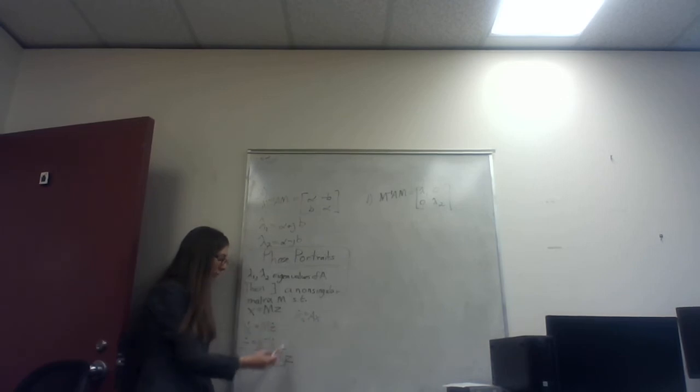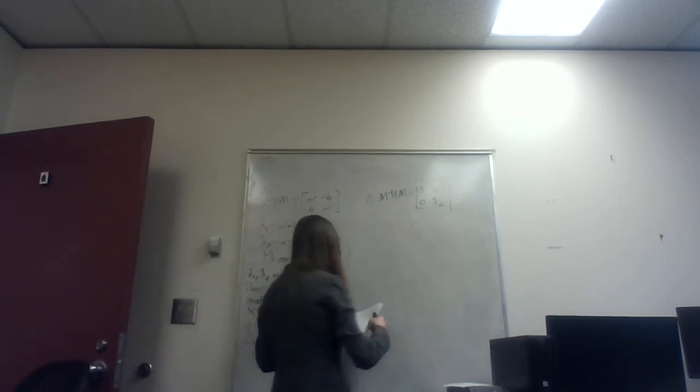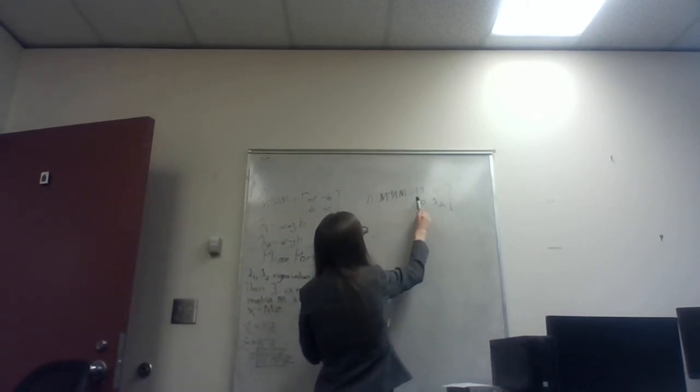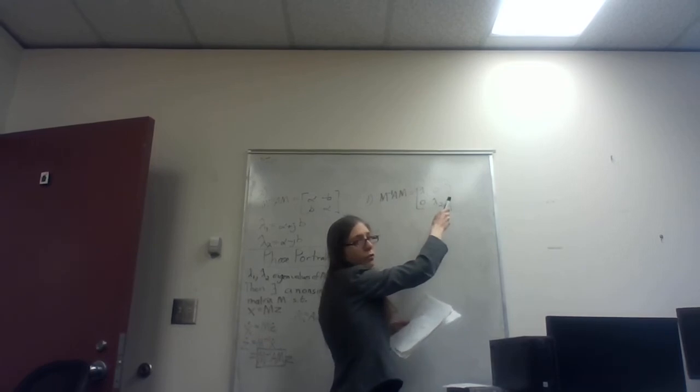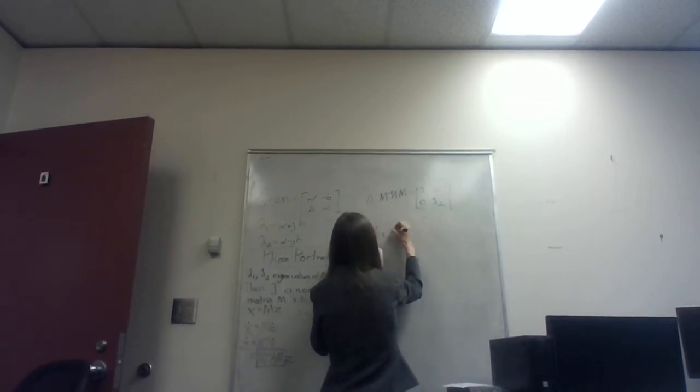We are able to find some matrix M to make a transformation so that we get into this Z space. And now in the Z space, M inverse AM has this special form. That means that Z1 dot is equal to lambda 1 Z1, and Z2 dot is equal to lambda 2 Z2.